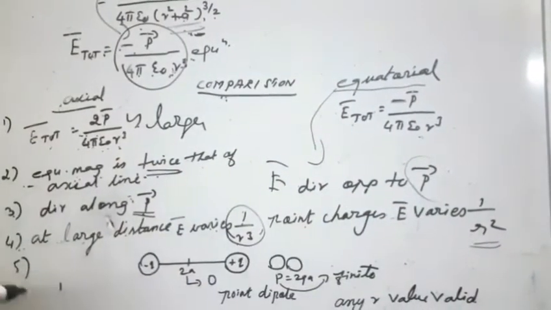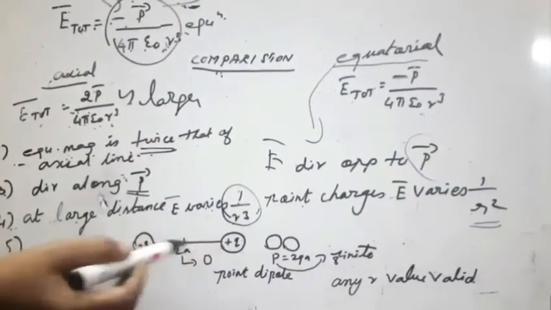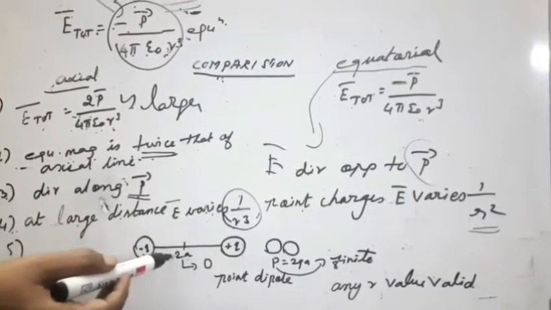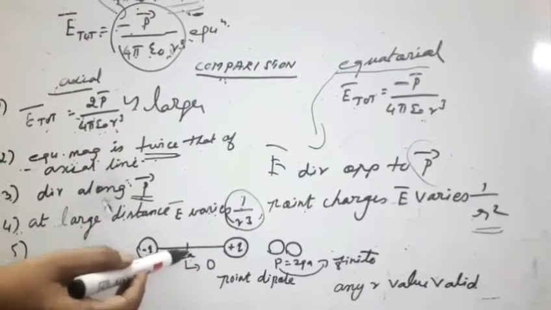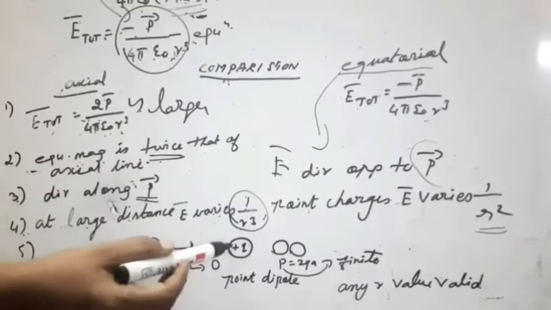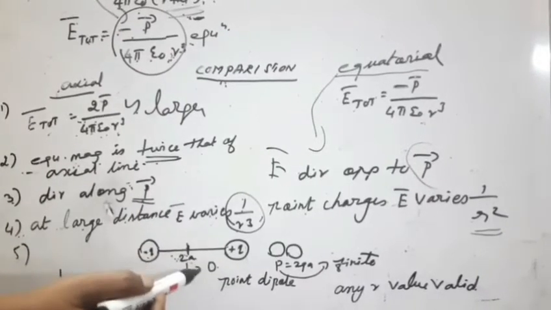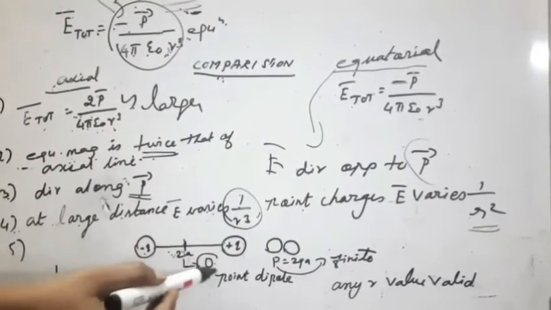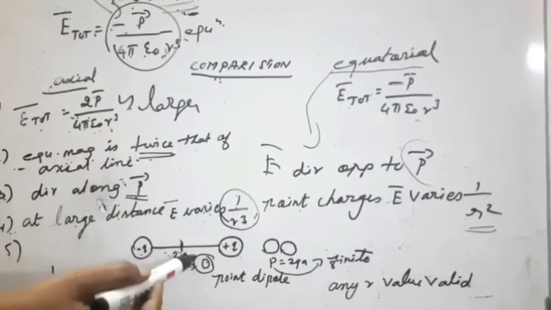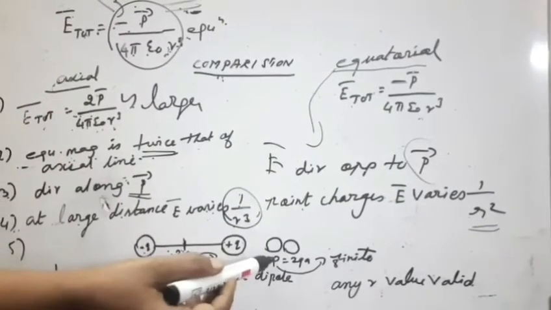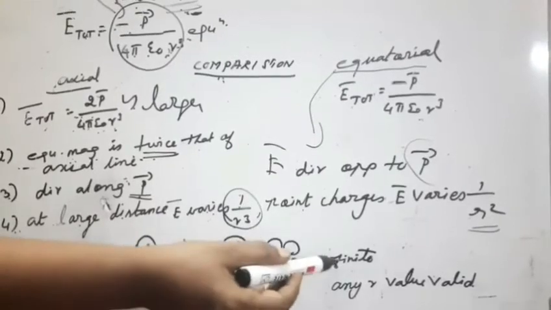And next point, suppose minus q and plus q are separated by a distance 2a with the origin at O. This 2a value is so small that 2a approaches 0. When it approaches 0, the dipole moment 2aq is still a finite value.